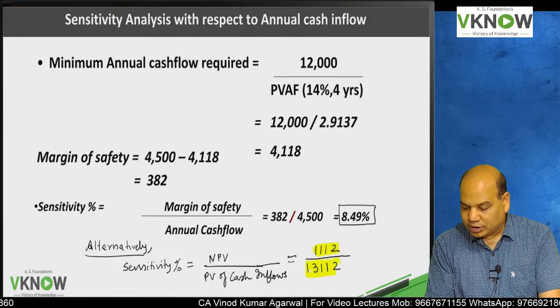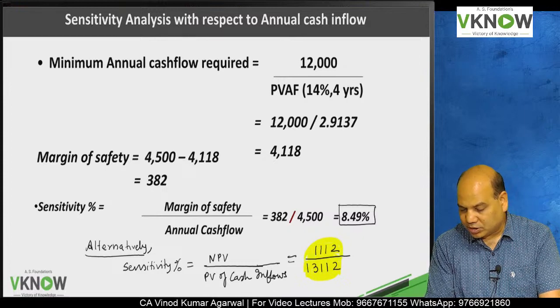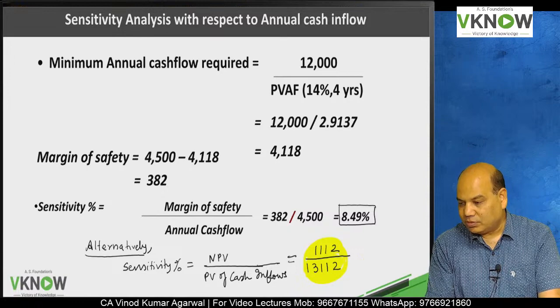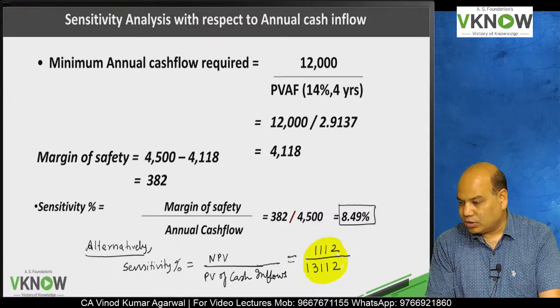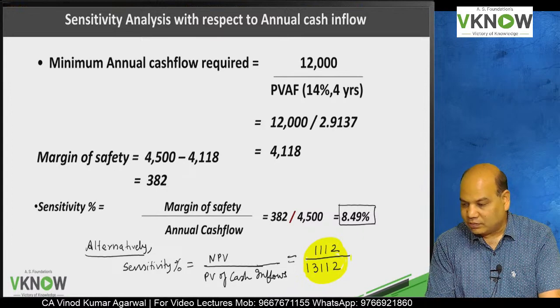So proportionately, what percentage can be reduced so that the NPV will become 0 is 1112 divided by 13112. Both are in present value terms, so they are comparable also.